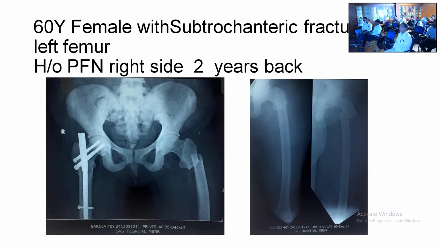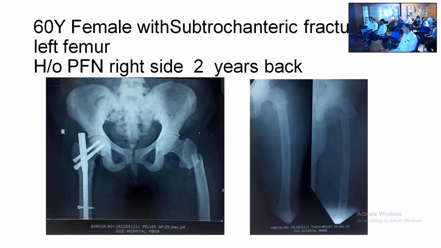In osteopetrosis it will be like chalky bones. And in fluorosis, there will be prominence and irregular margins at the muscular or tendinous attachments.